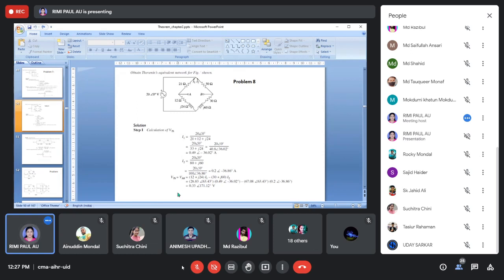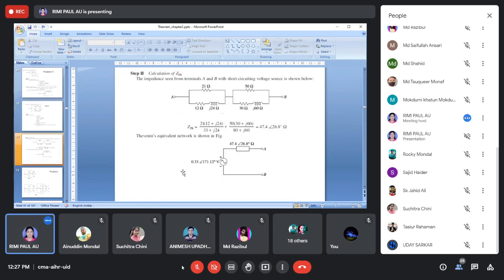So just here in the figure, you can see that one is the A, 21 parallel 12 plus J24, and from this if I take the B point, then 50 parallel 30 plus J60, and then these two are in series.